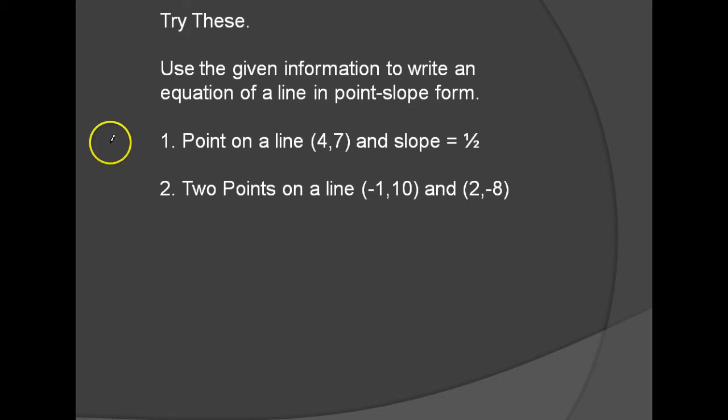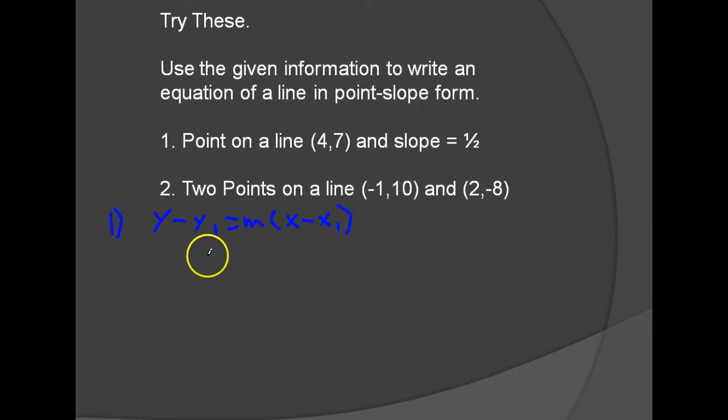Alright, first problem. So I have the point 4, 7 and my slope 1/2. I know that this is my point-slope form, y minus y1 equals m times the quantity x minus x1.